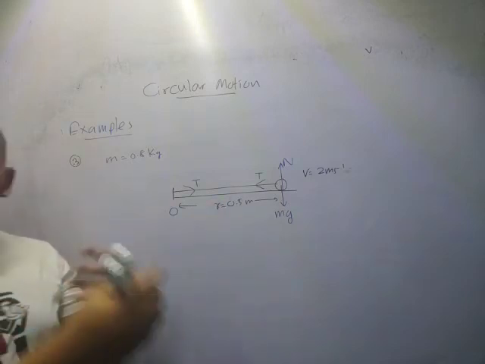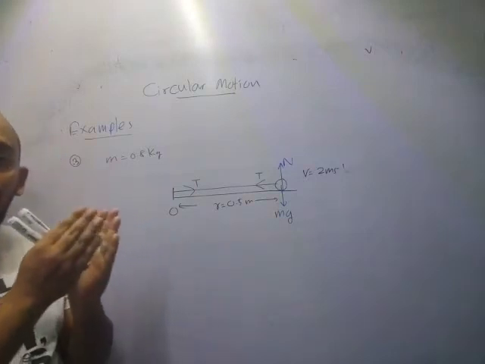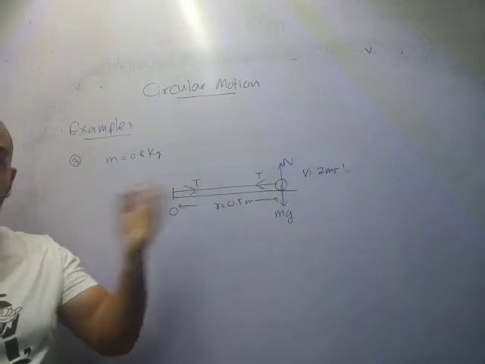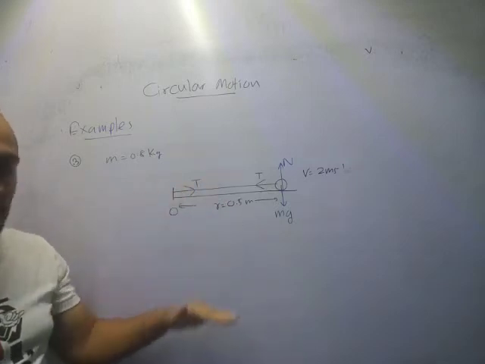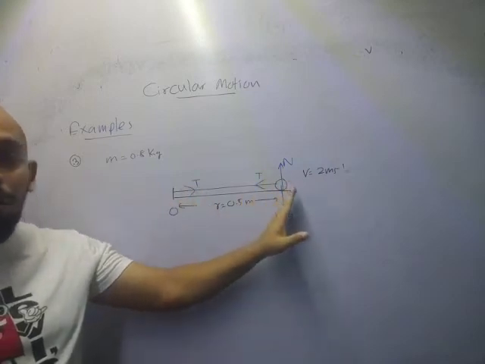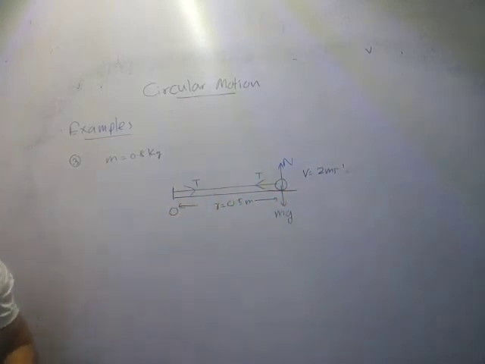Now you have seen the type of forces that act towards the center. It will be tension, reaction, and friction. So let's start from here. N is something that you have marked on the diagram. So you have to find what N also is, right?